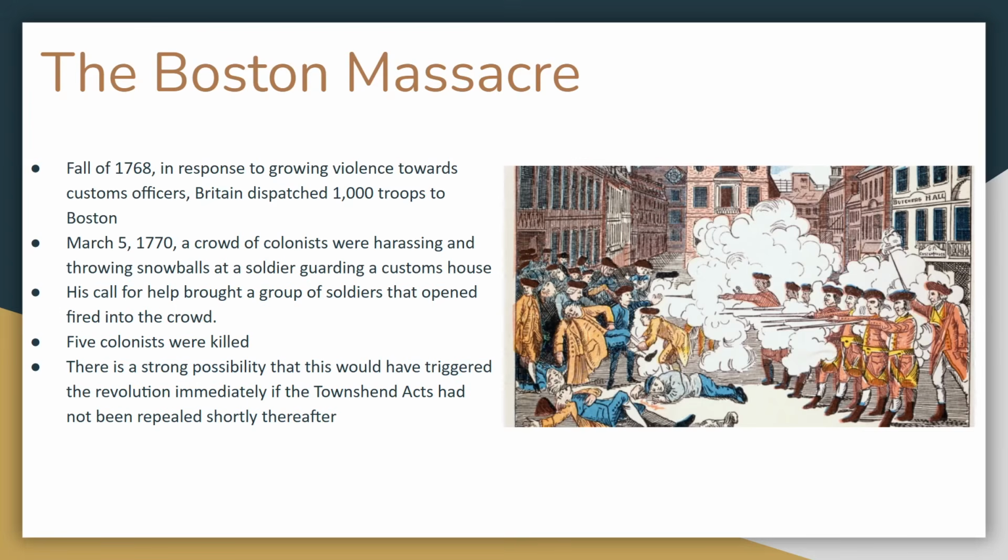Now, it is entirely possible, even probable, that this incident would have immediately started what we think of as the American Revolution.